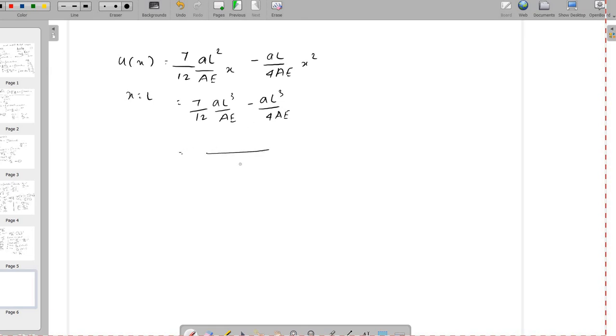Taking 12AE as LCM, 7AL cube minus 3AL cube. So the difference is 4AL cube by 12AE. If you simplify, finally you get AL cube by 3AE, which is the same result obtained from the weighted residual method.